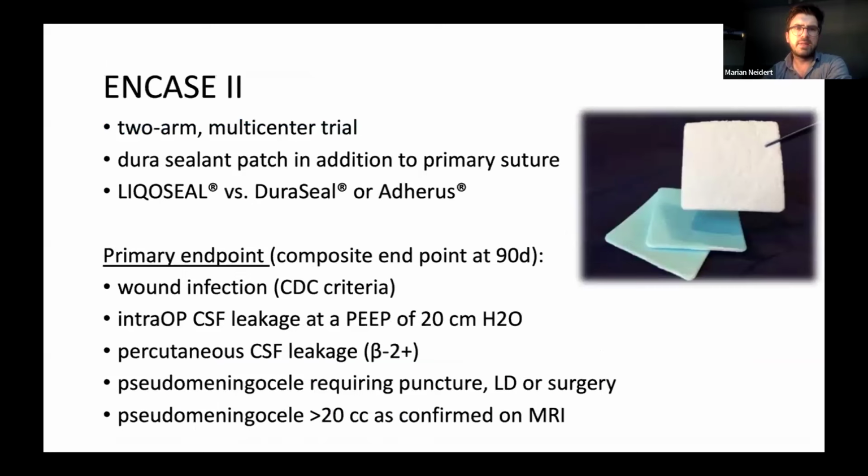This study looks at a composite primary endpoint at 19 days: wound infections, intraoperative CSF leak after applying the graft and during a Valsalva maneuver or elevation of the PEEP, percutaneous CSF leakage, and the occurrence of pseudomeningoceles on imaging above 20 cc. This data is not available yet, but it certainly will be interesting to see what this study shows.